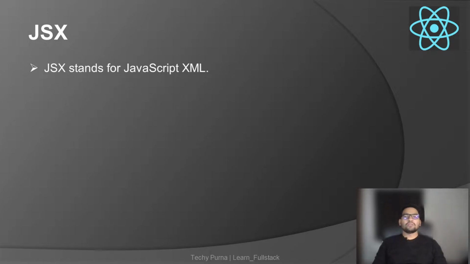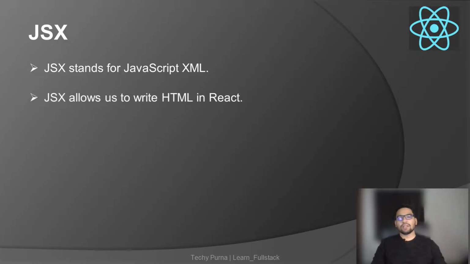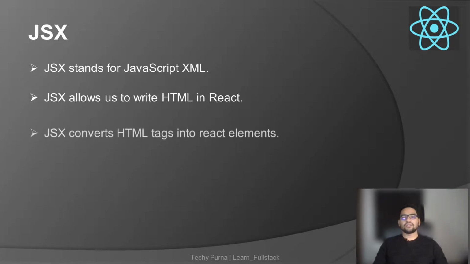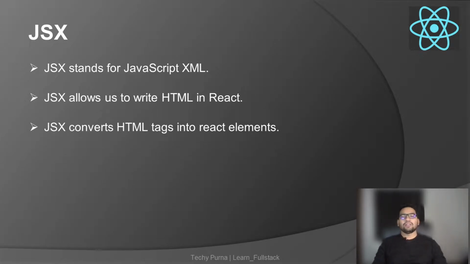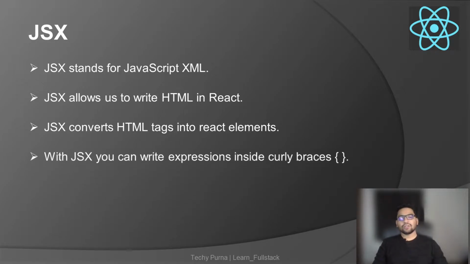So we already discussed JSX in our previous session. Still, I will cover a little bit about it. JSX stands for JavaScript and XML, and it allows you to write HTML code inside React. JSX converts the HTML tags into React elements.